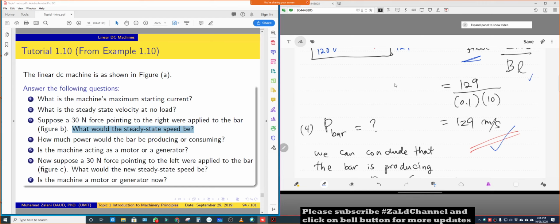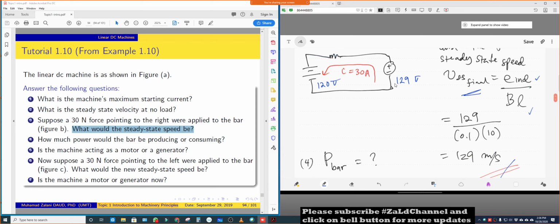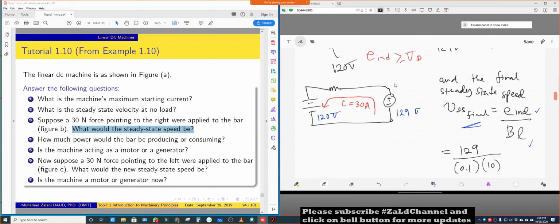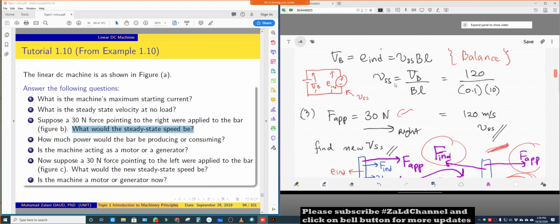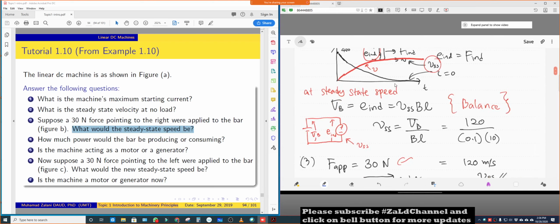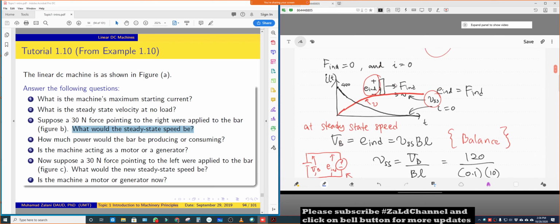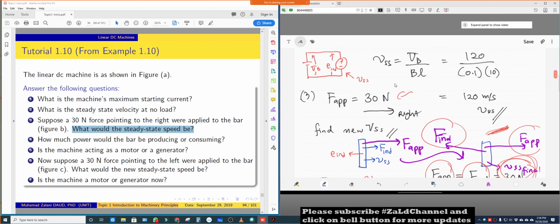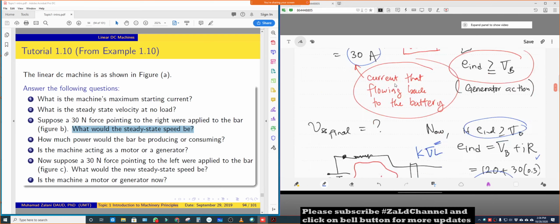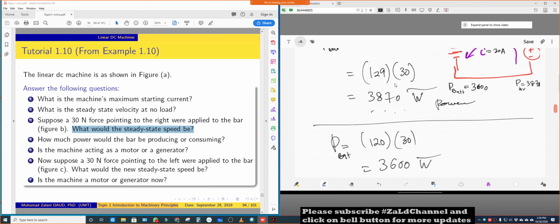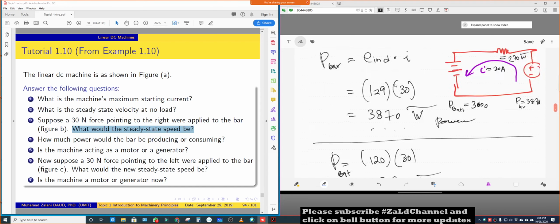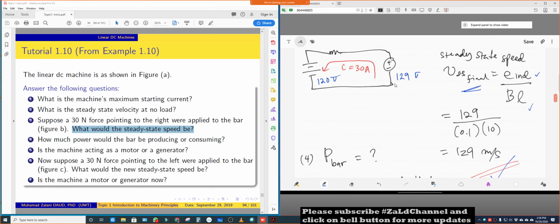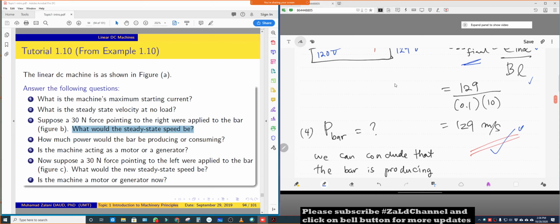Earlier, at no load, the steady state speed was 120. Now it increased to 129.